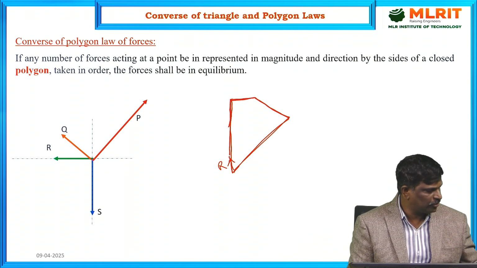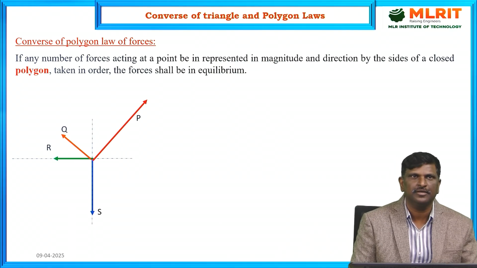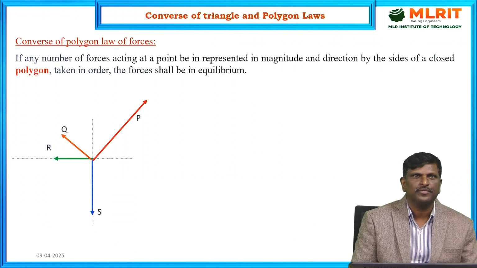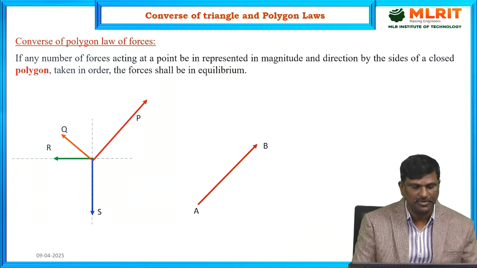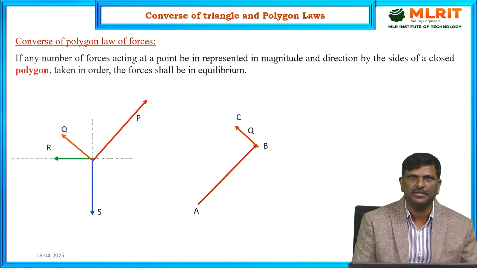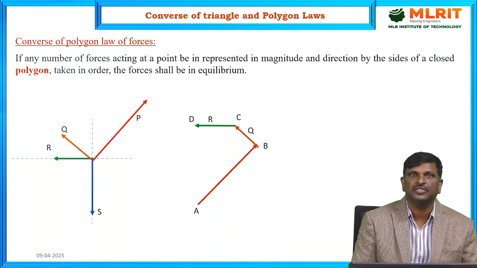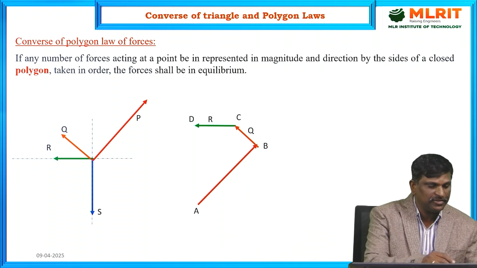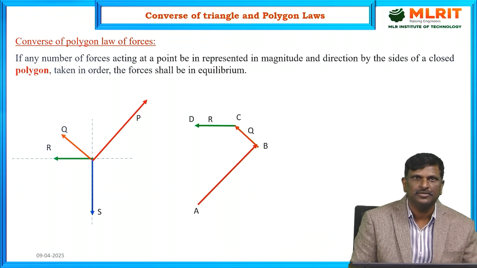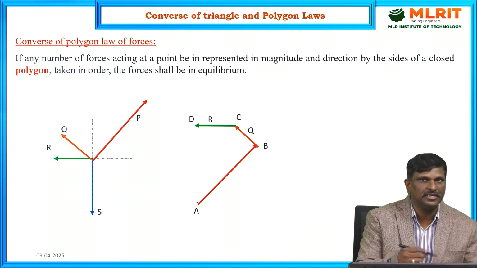Let us look at the diagram for these forces. P is represented by AB in both magnitude and direction. Q is represented by BC and R is represented by CD. And then, because the body is under equilibrium by the action of these four forces, there will be no closing side.